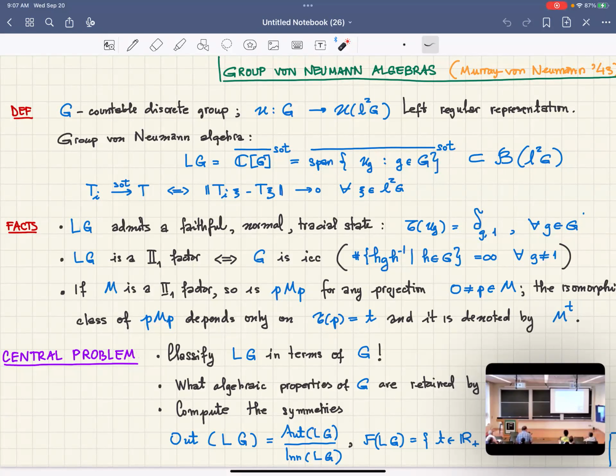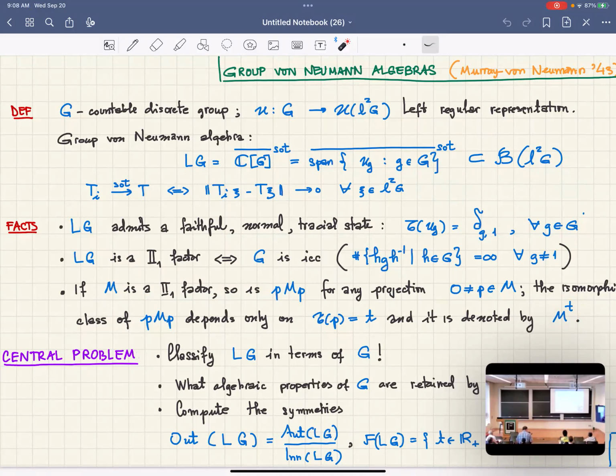Okay, so that's the situation when P is just a projection, but you can also define other amplifications when this t is actually a number above 1. Okay, I'm not going to go into the details of that. But the point is that this isomorphism class, we're going to denote it by M to the t. So you're going to see this type of notation during this talk. Okay. Now, of course, there are many properties that these algebras have.